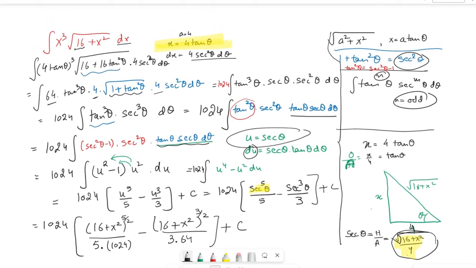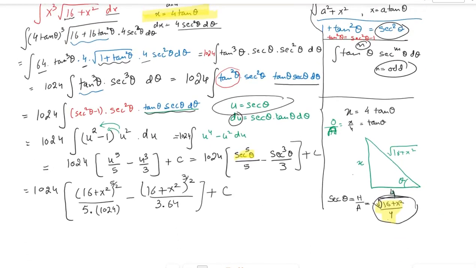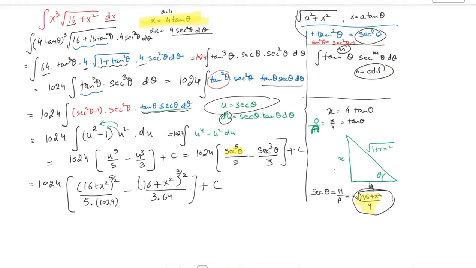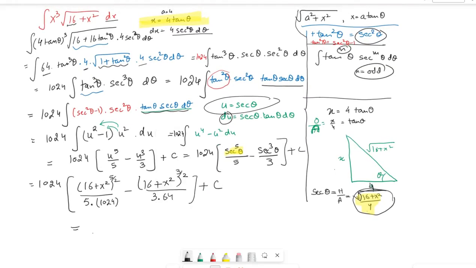We are almost done, and this looks like a good answer because we are back in our expression format. But you guys notice I can factor this part out because both of them have it. So let's factor that. 1024, 16 plus x squared to the power 3 by 2. I'm going to also factor 1024.